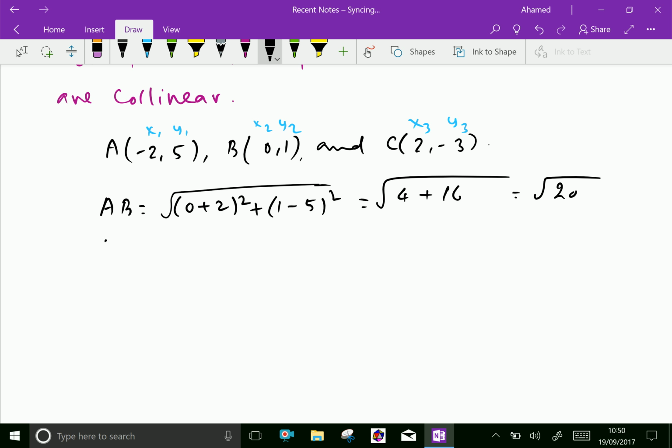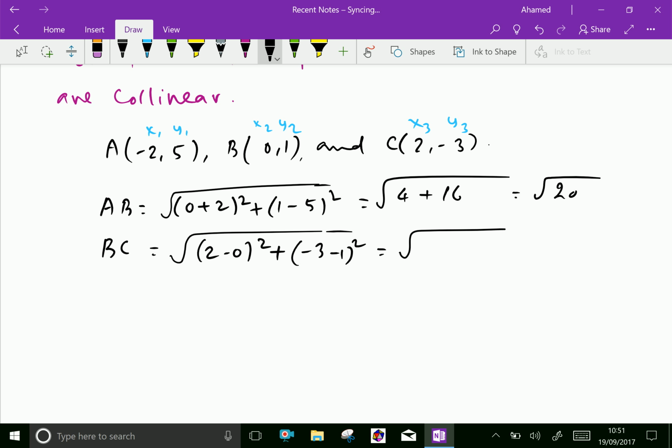Then next we find BC, x3 minus x2, that is 2 minus 0 whole square, plus y3 minus y2, y3 is minus 3 and y2 is 1, the whole square, which is 2 minus 0 is 2, 2 squared is 4, minus 3 minus 1 is minus 4, whole square is 16, square root of 20.